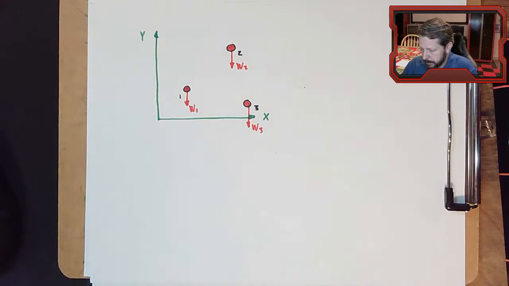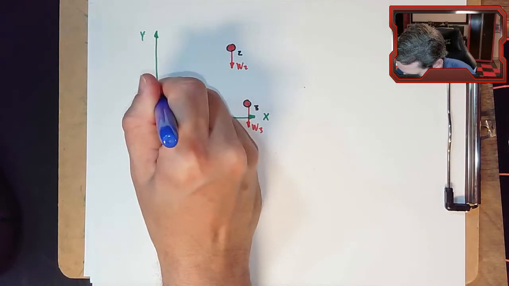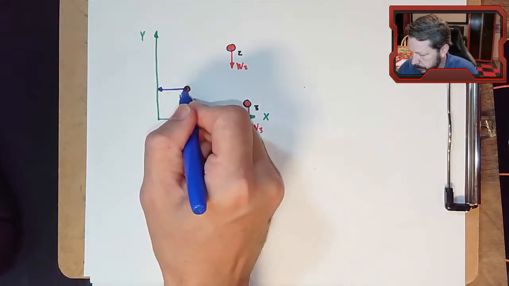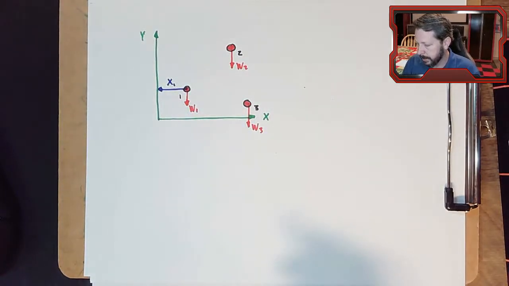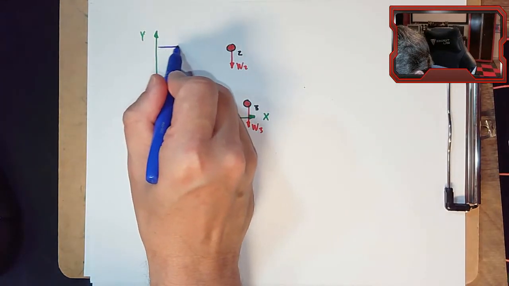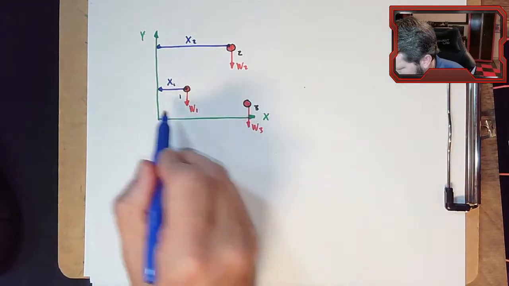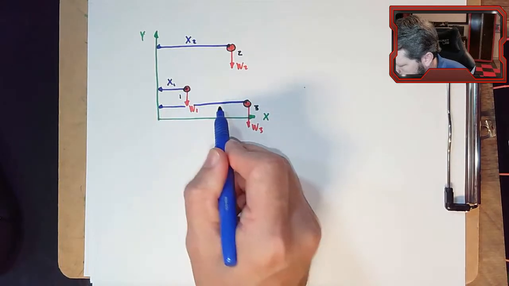Each one of these has a position from the y-axis. So this is the x-axis, so this would be x1, the distance in the x direction from the y-axis. This one would be x2, and that one would be x3.